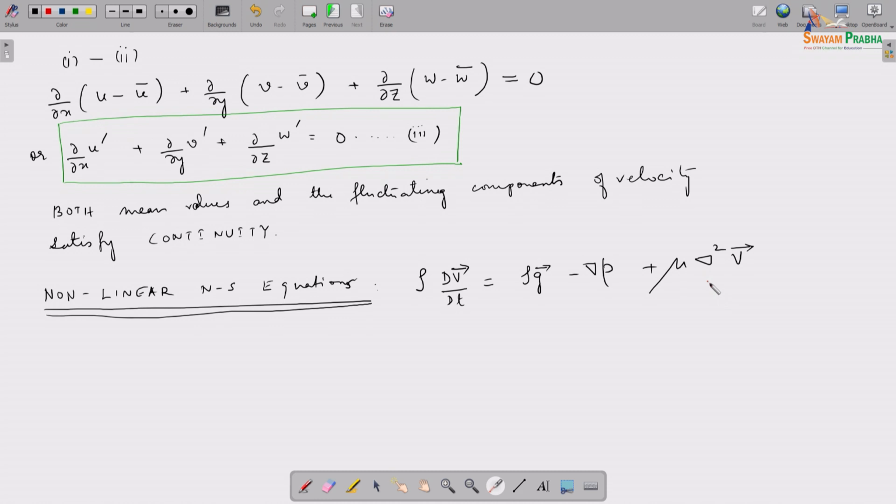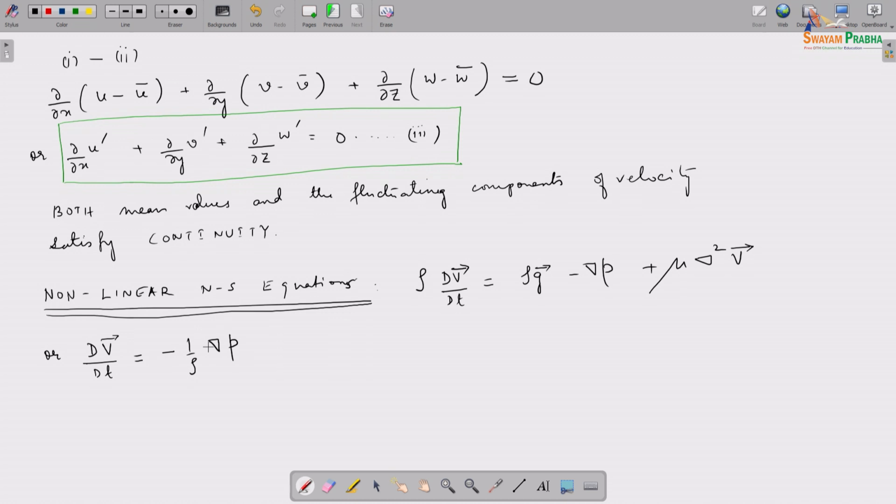Okay. So, if I do that, dividing by rho throughout, okay, what happened to the rho g?